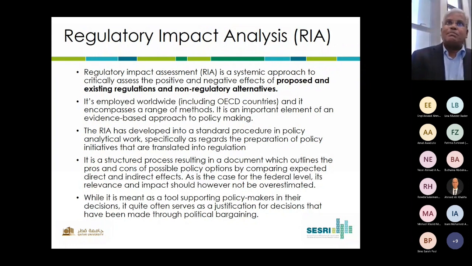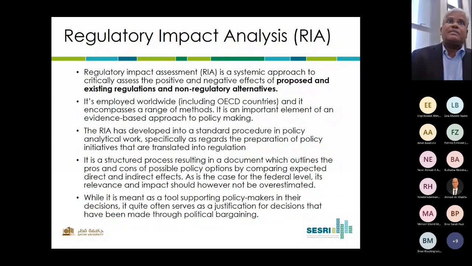The regulatory impact assessment is a systematic approach to critically assess the positive and negative effects of proposed or existing regulation, laws, tax laws, or any other laws, and non-regulatory alternatives. So RIA is employed worldwide, including in OECD countries. OECD countries are widely using the RIA tool for enacting and implementing regulatory laws in all of their countries.